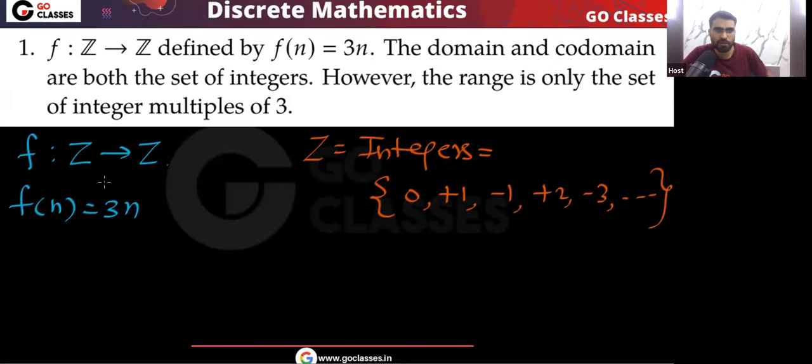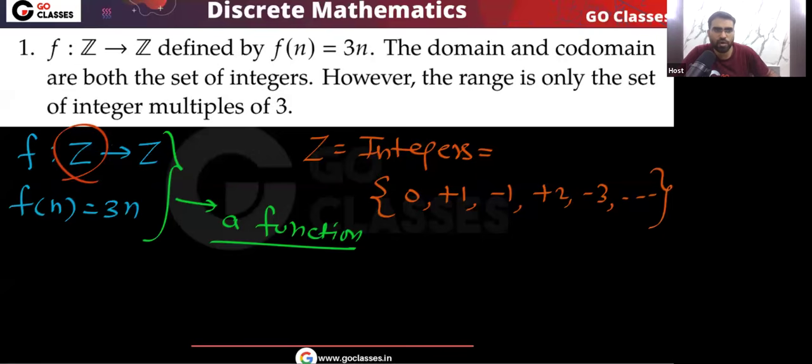So tell me, is this structure a function? Yes, this is a function, because every element of domain has exactly one image. Now you tell me, what is the range of this function f?